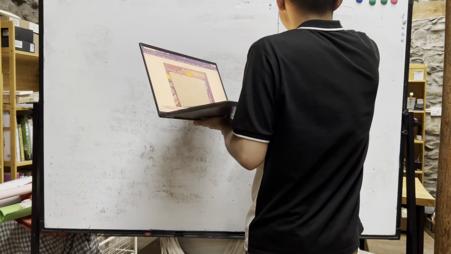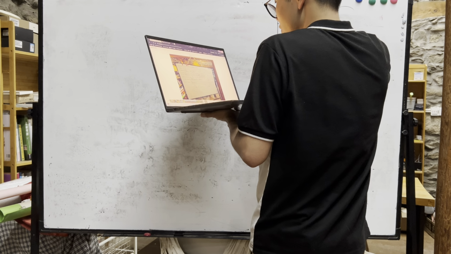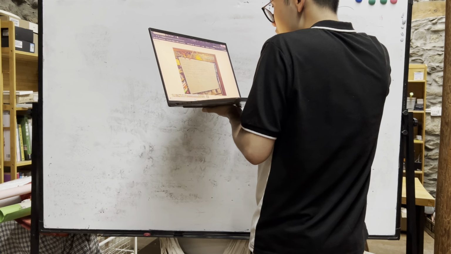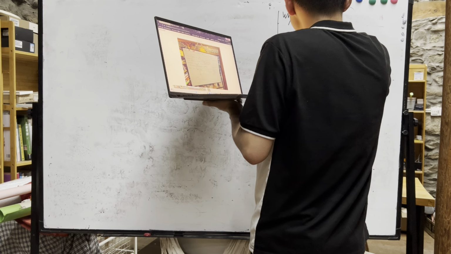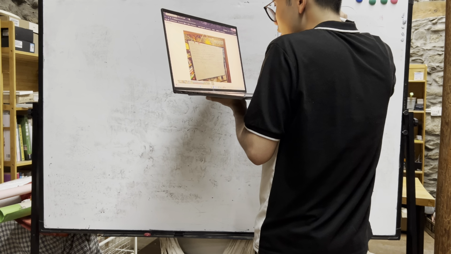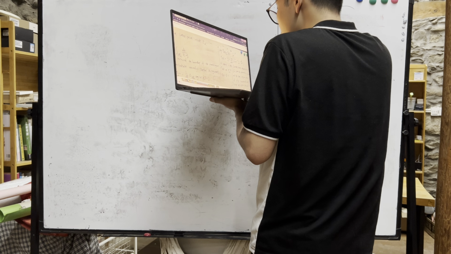Okay, so let's focus here. This is a question of why the residue of the zeta function at z equal to 1.